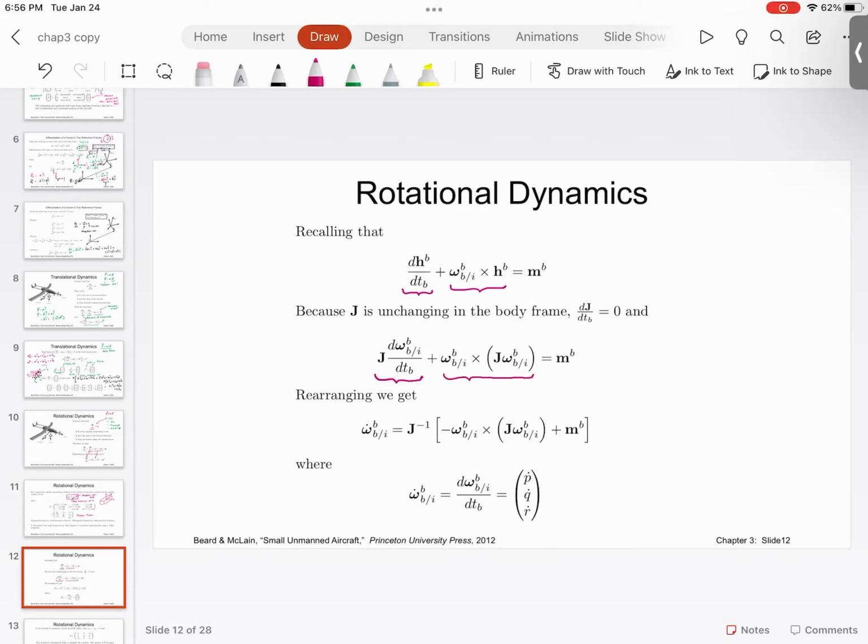So the angular momentum is J, the mass moment of inertia, multiplied by the omega. Since J is not changing, you can take the J outside, and now you have just the rate of change of angular velocity. And now what you have here are the torques or moments.